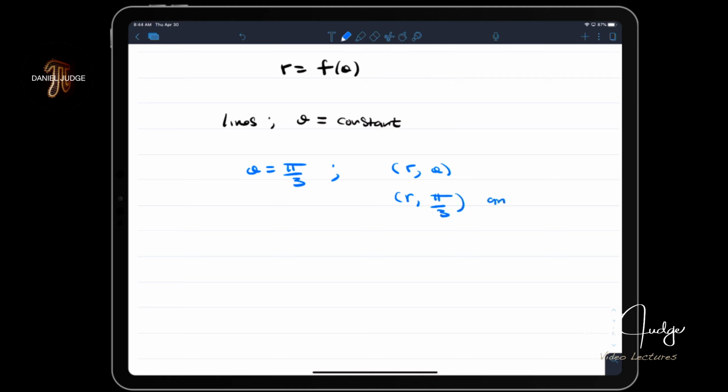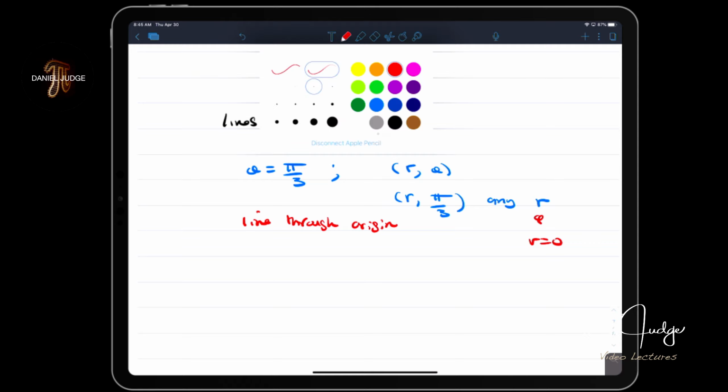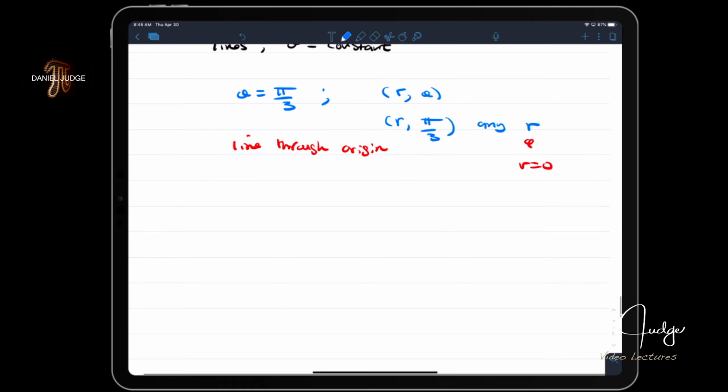This is any r, any radius. And that includes r being 0. So what you're looking at here is going to be a line through the origin. I can show you how I think of it.